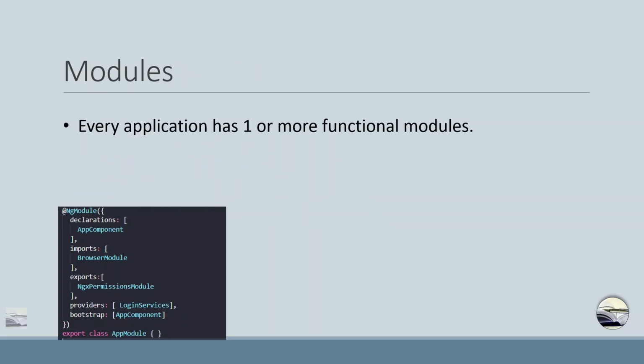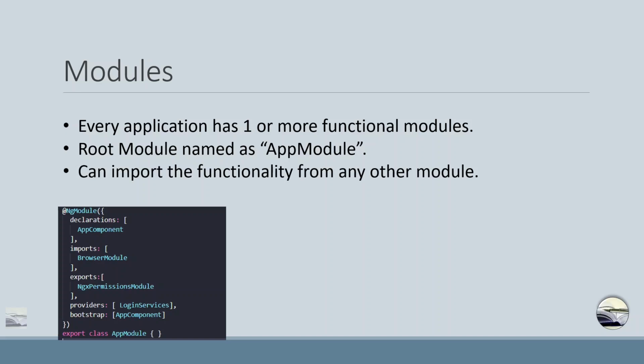In every application, there is at least one module, and there can be n number of functional modules. The root module, we call it app module. It is a convention that Angular developers follow.